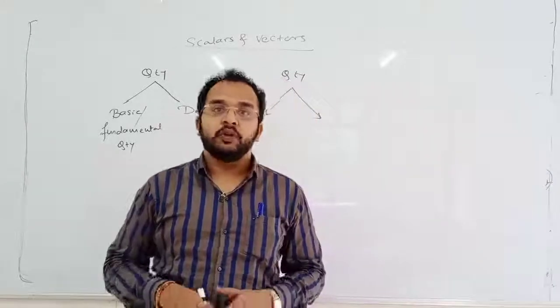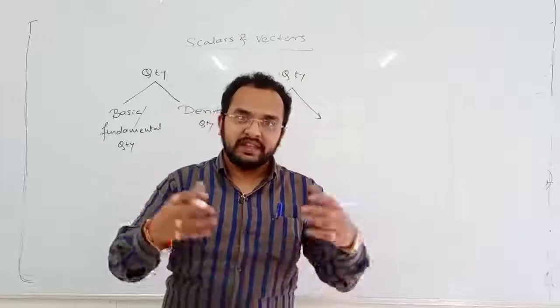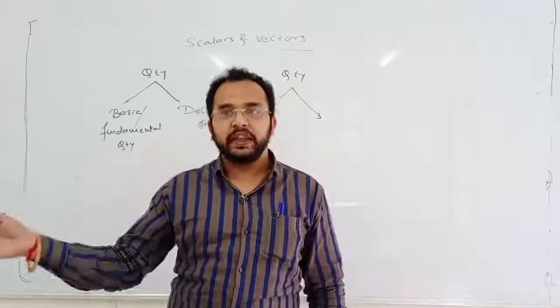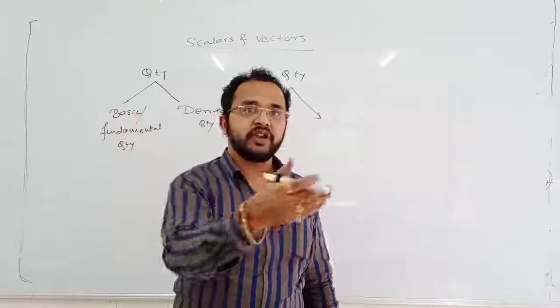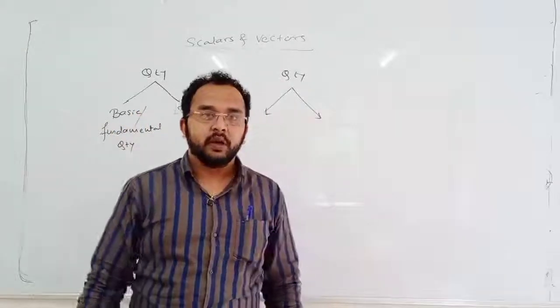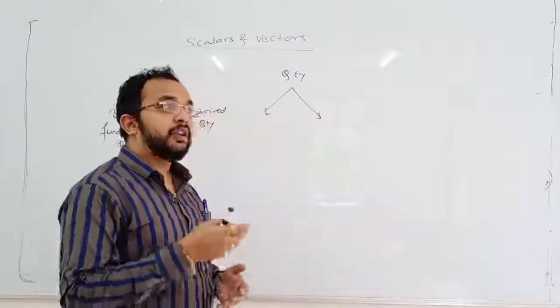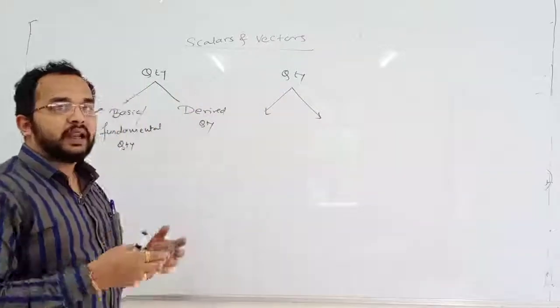Another way of classification, on the basis of caste or religion: Hindu religion, Muslim religion, Christian religion, Sikh religion. So there may be a different basis on which we are classifying.